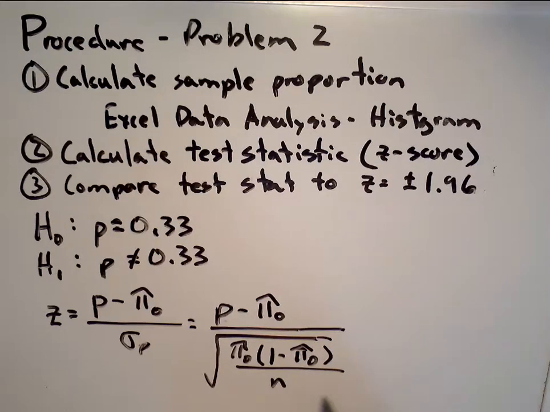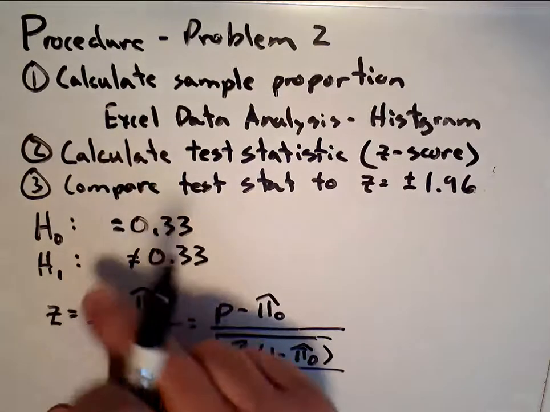What we need now are some values. We have our hypothesized proportion. That's 0.33. Confusing, isn't it? Let me jump to the spreadsheet and show you how we get these other values.